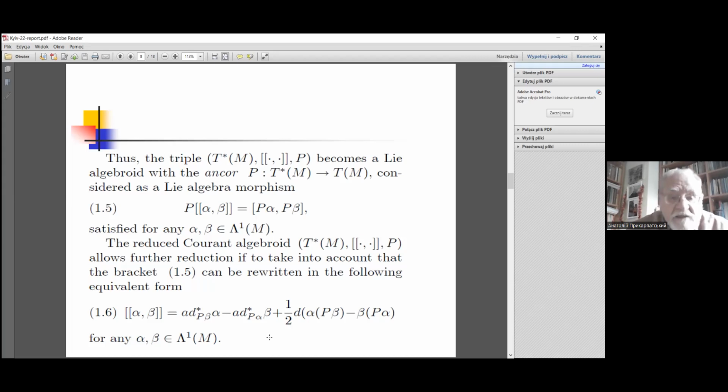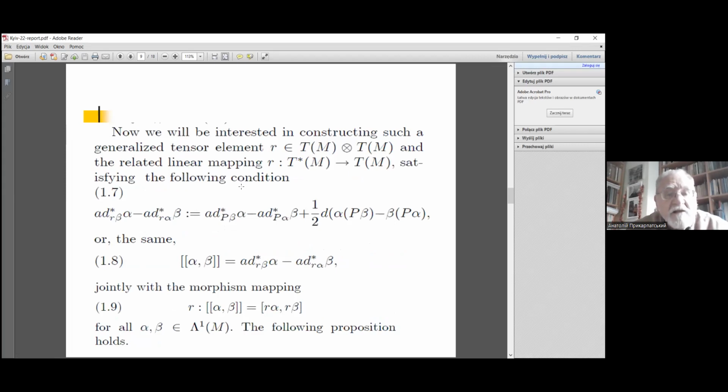What is important, in the case when the Poisson mapping is the anchor, it can be generalized to the following form.